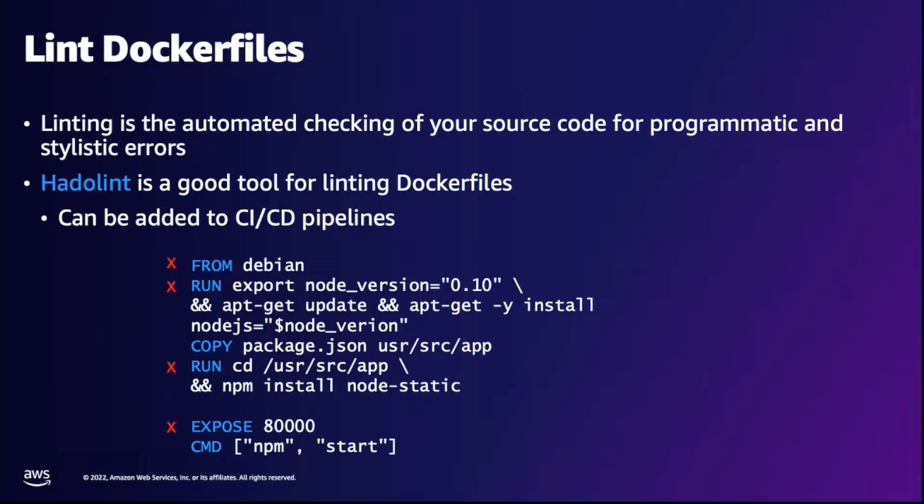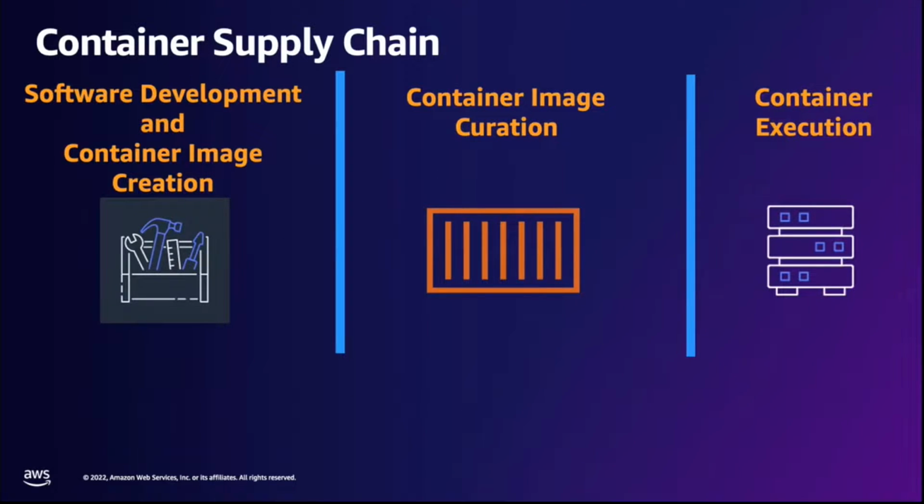And as a next step, and really super important, is the container supply chain, or your pipeline for creating. You can see basically three major steps, where the first one is software development and container image creation, using some of the techniques and some of the tips I just provided.